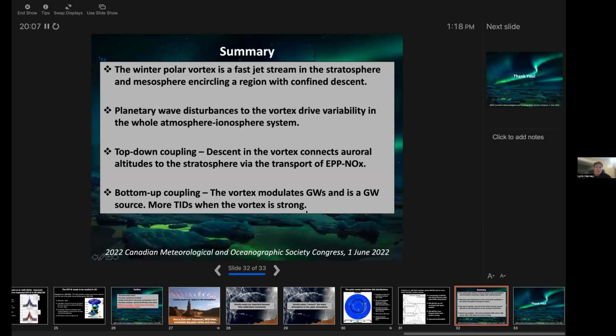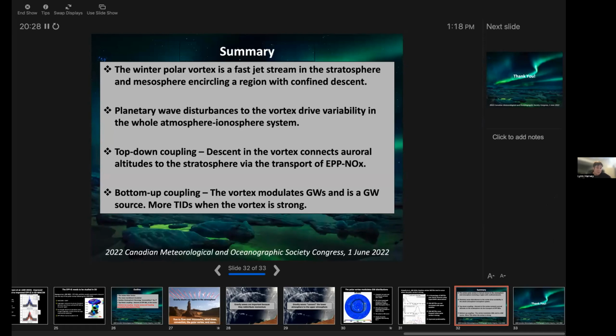So to summarize, the winter vortex is a fast jet stream in the stratosphere and mesosphere encircling a region with confined descent. Planetary wave disturbances result in sudden stratospheric warmings and drive variability throughout the entire atmosphere-ionosphere system.